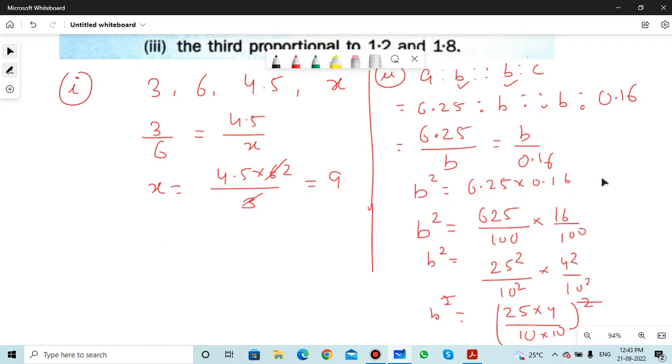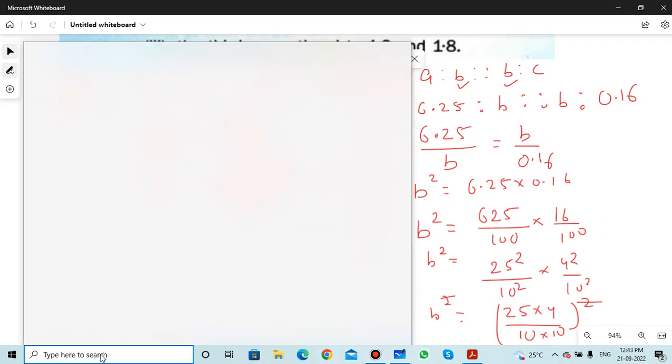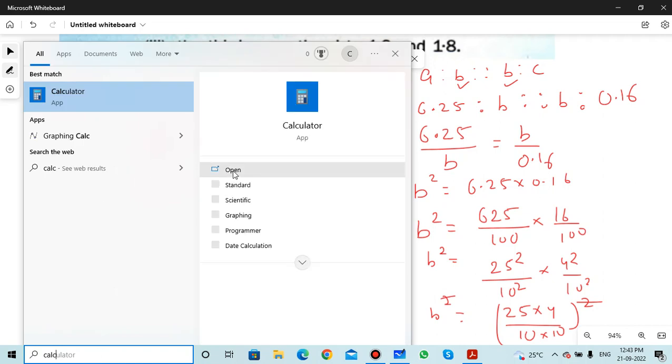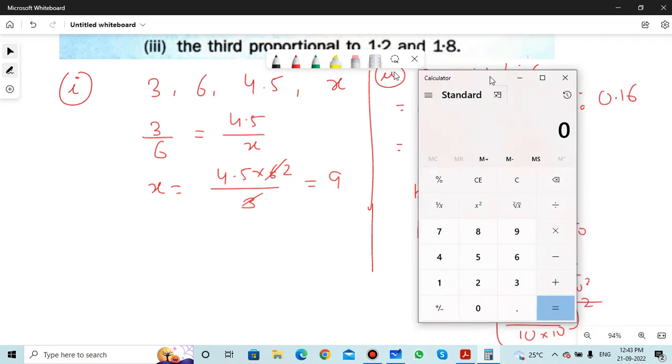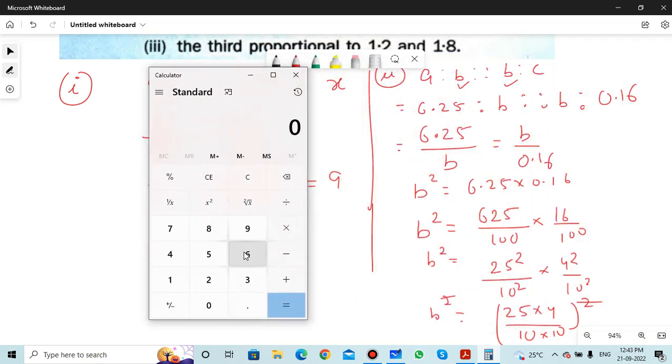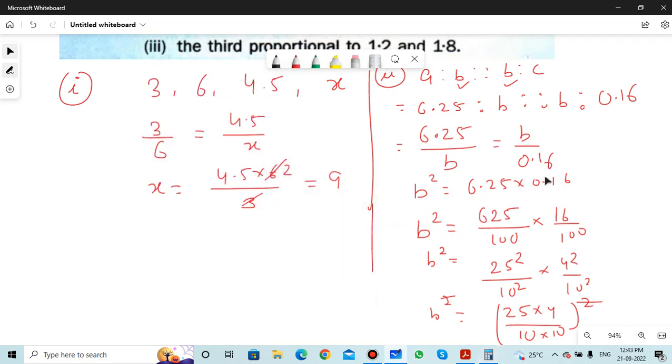And if you multiply them, I think you should get 1. Let's see what happens here, I'm opening it up to check. 6.25 into 0.16 gives you 1. So it is correct here.